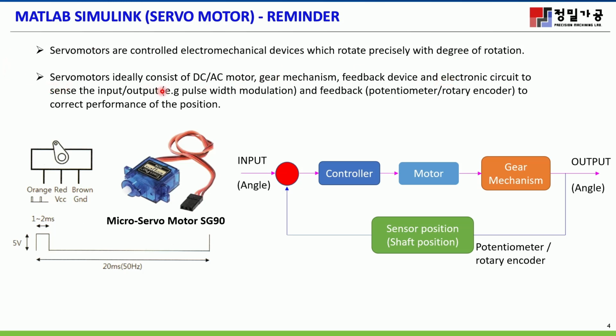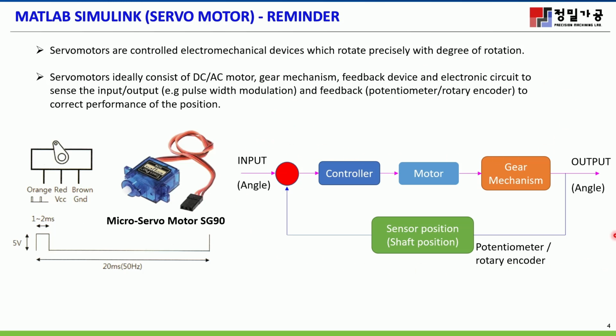A servo motor in general consists of a DC or AC motor, a gear mechanism to rotate the shaft, a feedback device, and an electronic circuit.